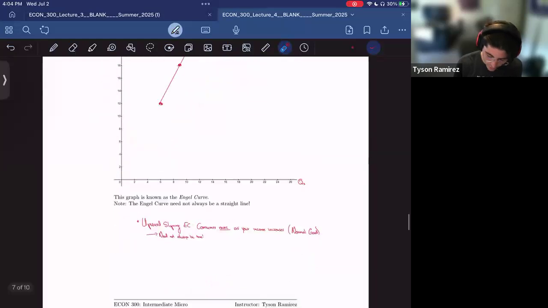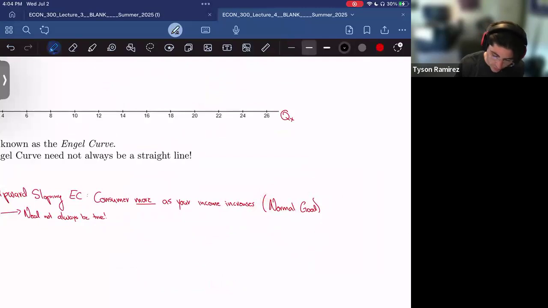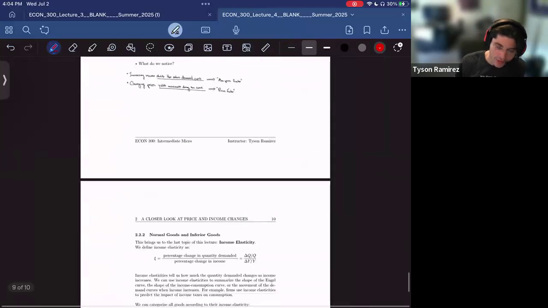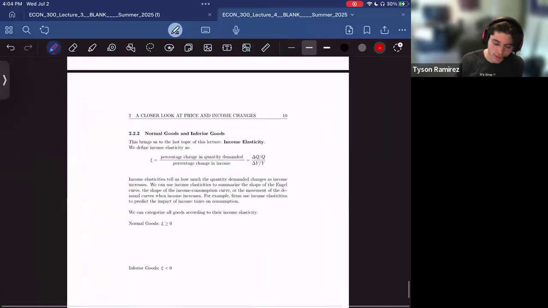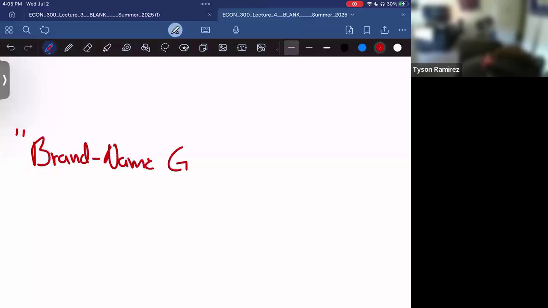I called this a normal good. I always like to understand things as having two types of goods: normal goods and inferior goods. You can call them name brands, your brand name goods.